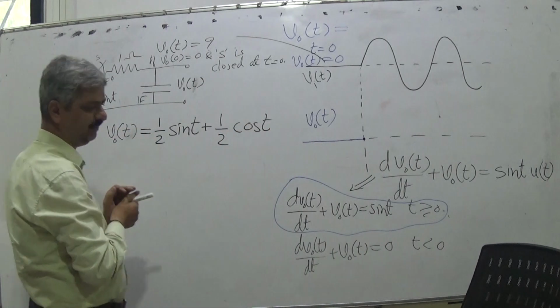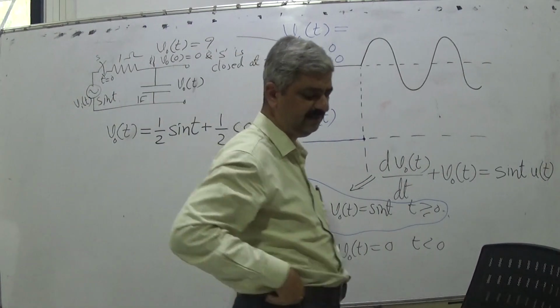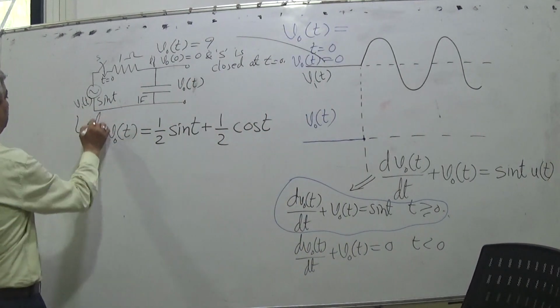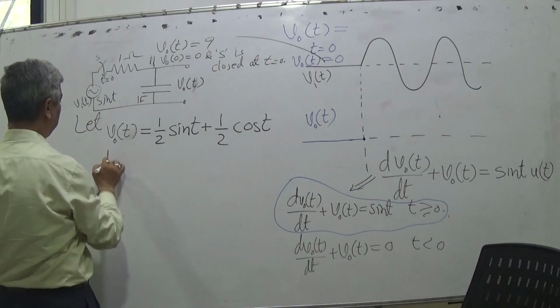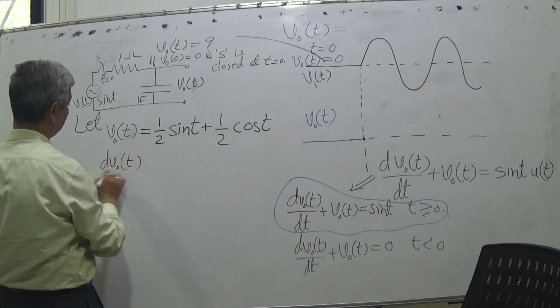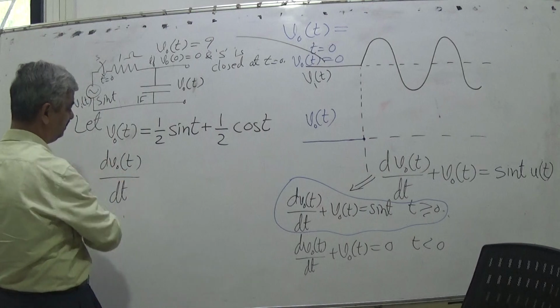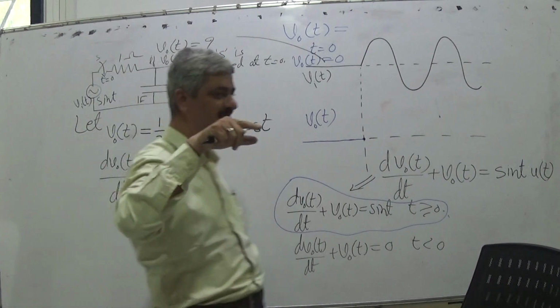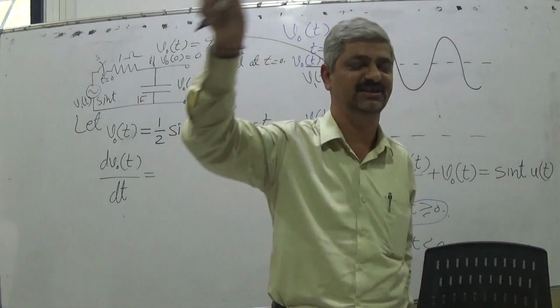I have deliberately given you, let, I am saying let. So what is dVOT by dt? I think we have solved it once. What is dVOT by dt? That time we solved it, only thing I said was that we applied cos t.